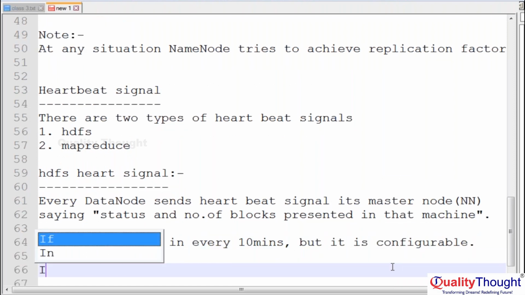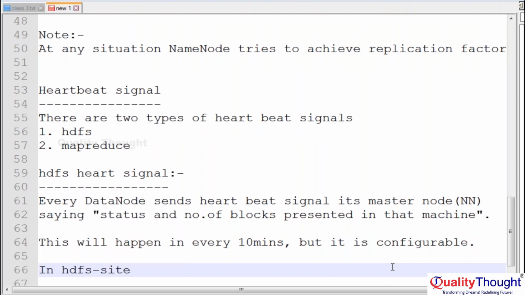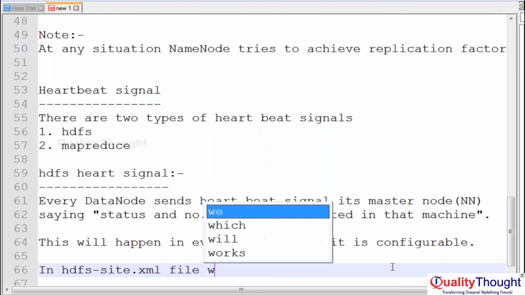So in the hdfs-site.xml file, we will configure it.